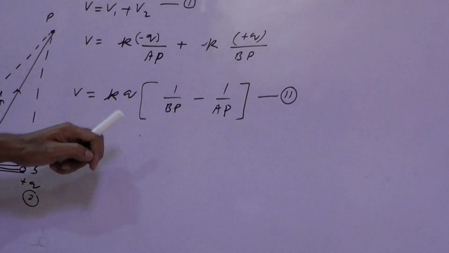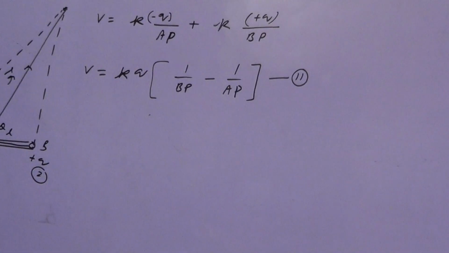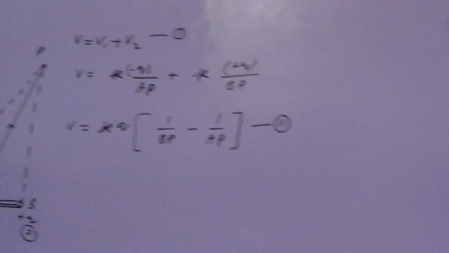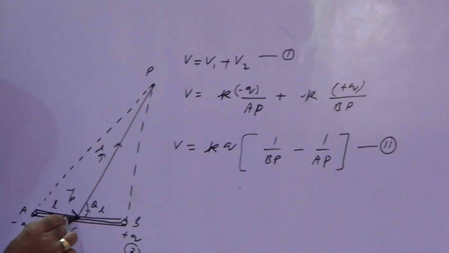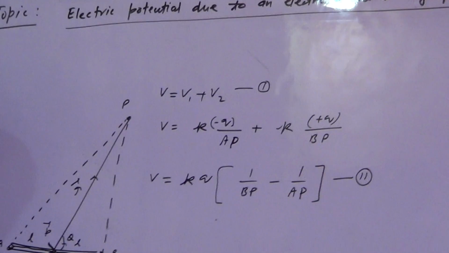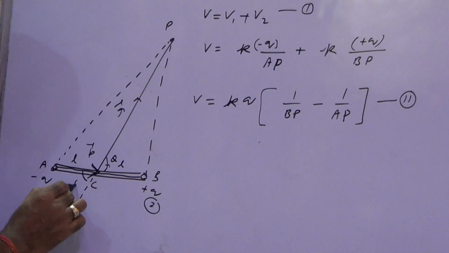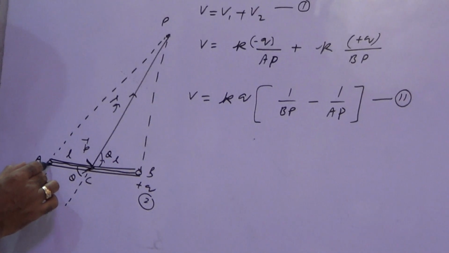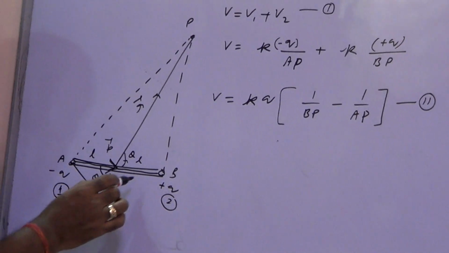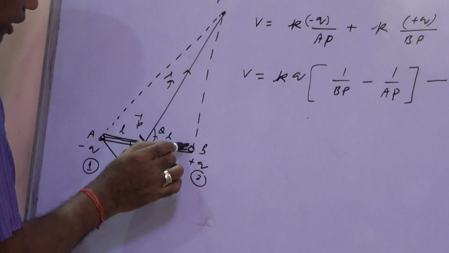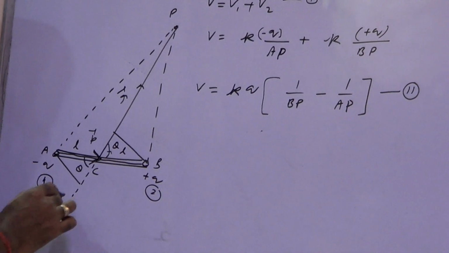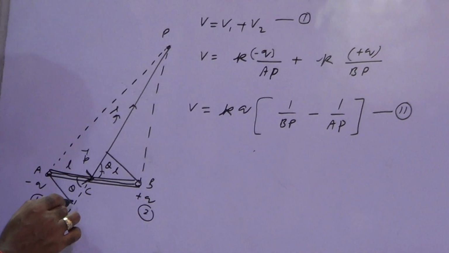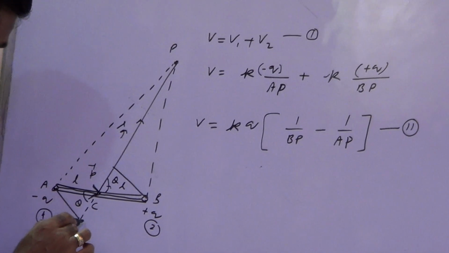Now we will find BP and AP. To find the distances BP and AP, we will do a small construction. If this angle is theta, this will also be theta. Draw a perpendicular. Also draw a perpendicular from point B on the same line. After drawing the perpendicular, we will name these points.